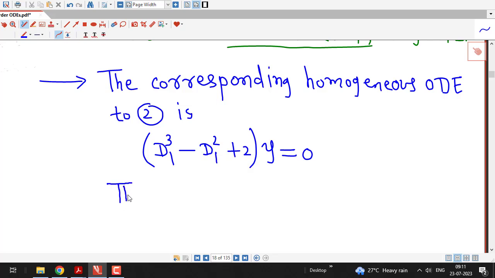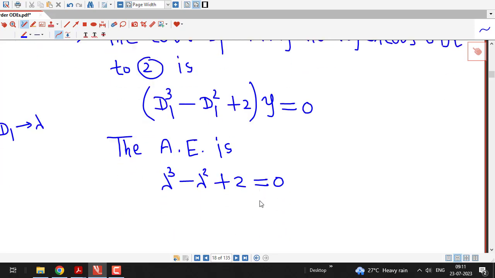To solve this, I have to first write down the auxiliary equation. The auxiliary equation is written by replacing this derivative by lambda, that is we have lambda cube minus lambda square plus 2 equal to 0.